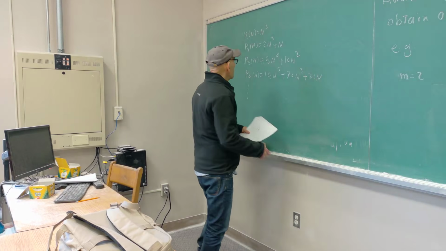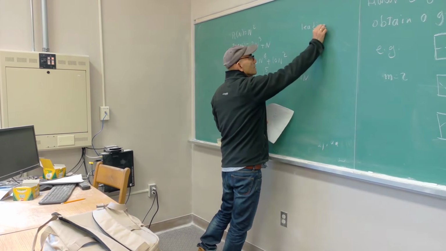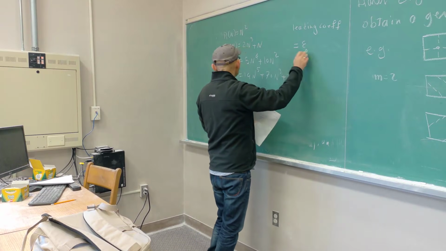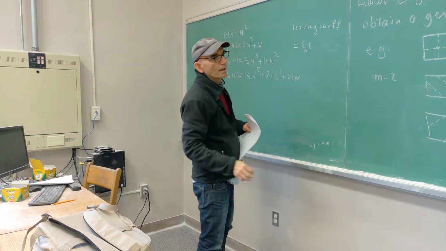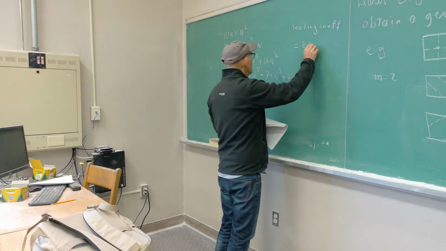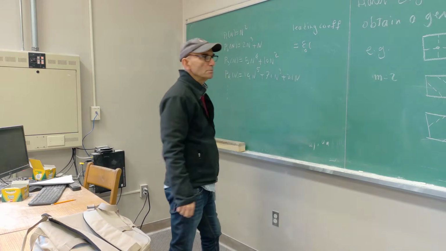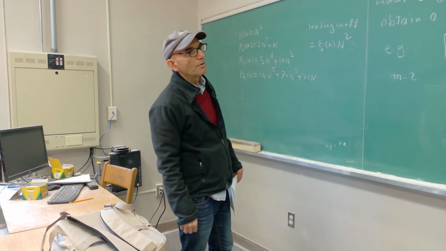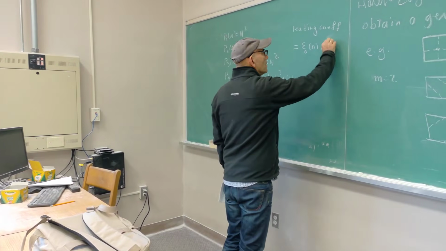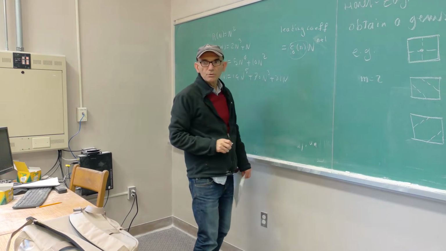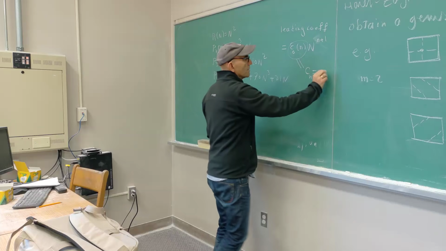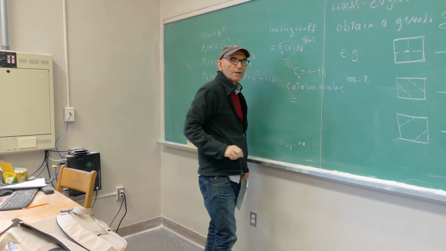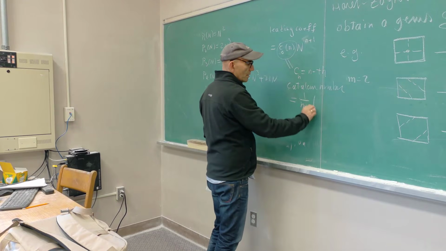So the leading coefficient is always epsilon_0(n), the coefficient of n^{n+1}, which we know exactly is equal to C_n, the nth Catalan number, which we calculated and showed is equal to 1 over n plus 1 times 2n choose n.